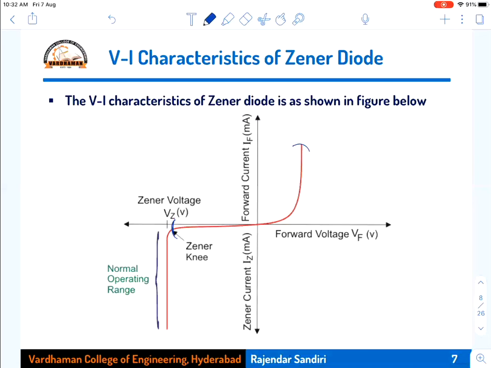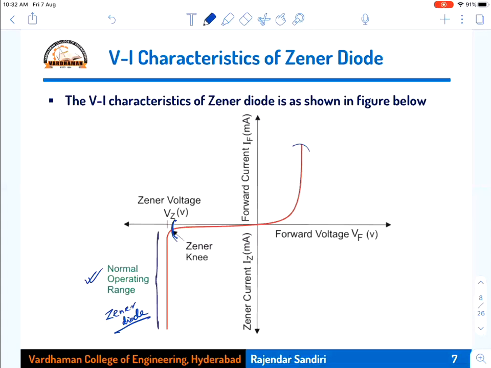For a PN junction diode, breakdown does not occur, and the constant current is shown up to this point. In the GNR diode, the breakdown occurs at the GNR voltage and the current drastically increases. That region is called the normal operating region of the GNR diode. The remaining portion is the same as a PN junction diode. So this is the VI characteristics of the GNR diode.